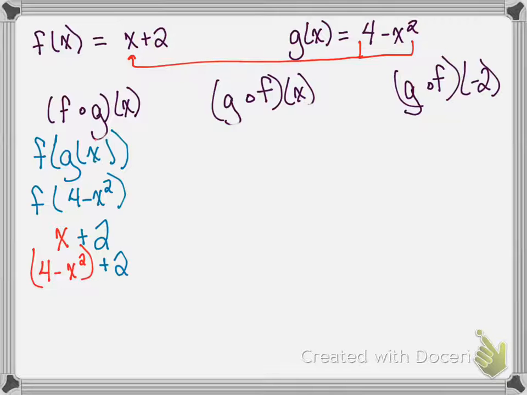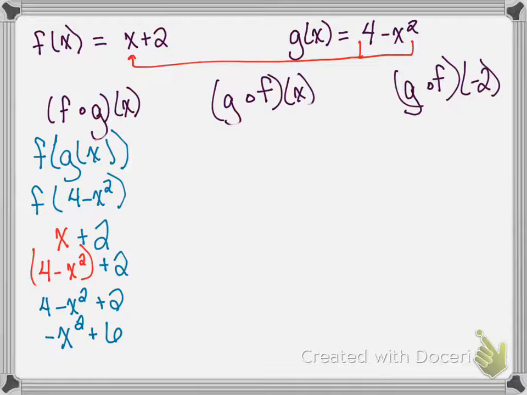Okay? Now I can drop the parentheses. Four plus 2 is 6. So I get negative x squared plus 6. Okay?